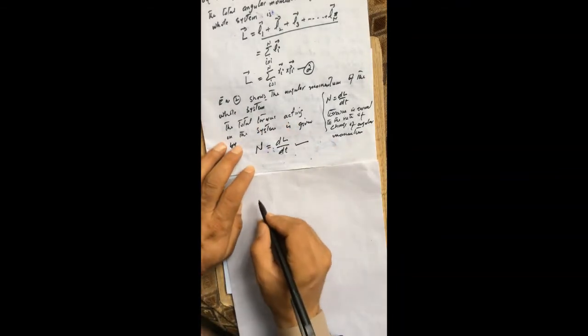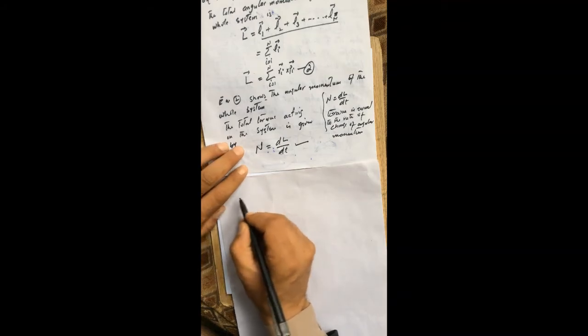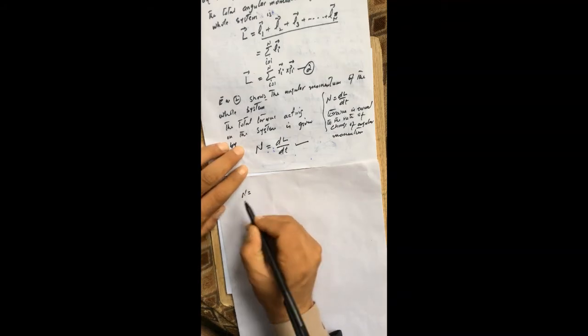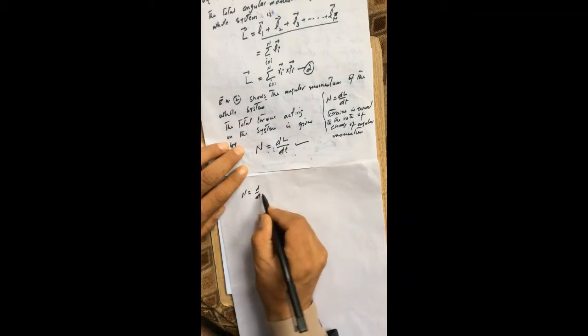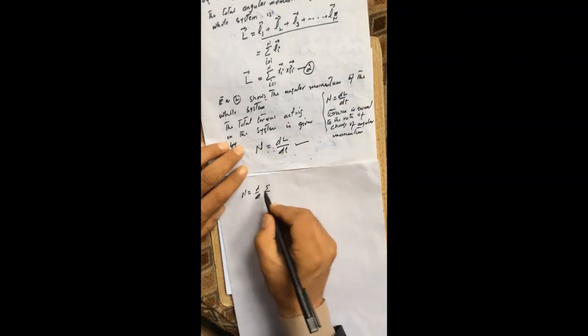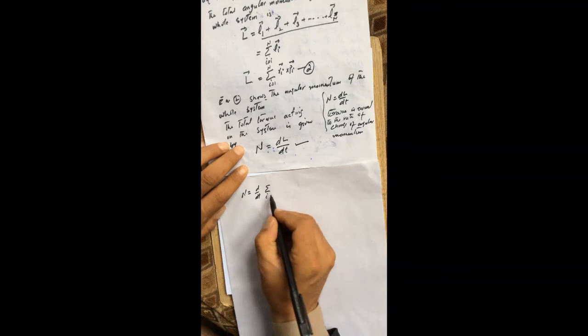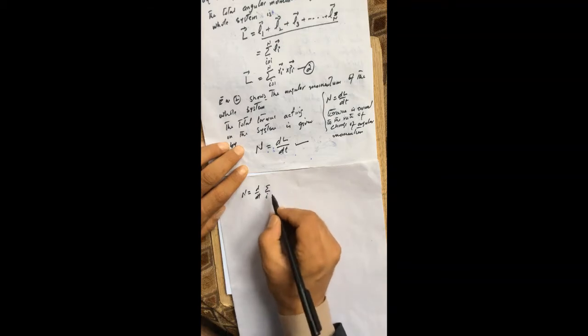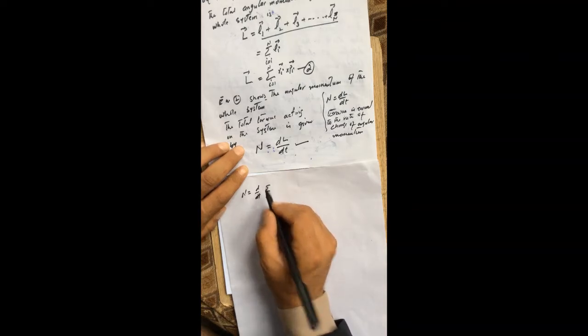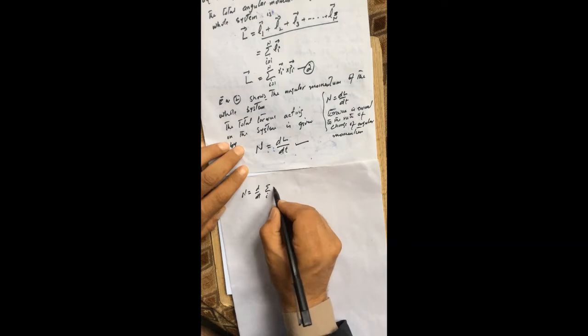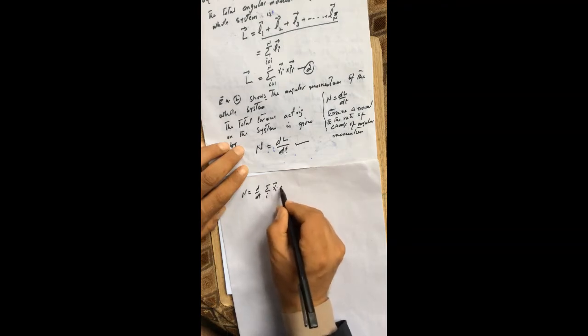N will be equal to d over dt of L, and L is the sum over i, such that i starts from 1 up to n, of ri cross pi. I am not writing it all here, just keep in mind that i goes from 1 up to n.